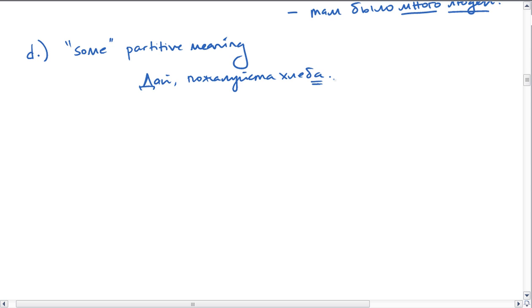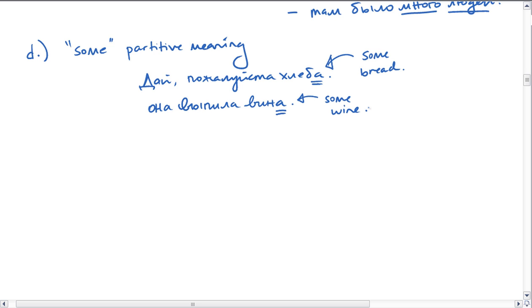Right? So because we've put it in the genitive case, it now means some bread. Not just give me all of the bread, but give me some bread. Or она выпила вина. So she drank some wine because it's in that genitive case.